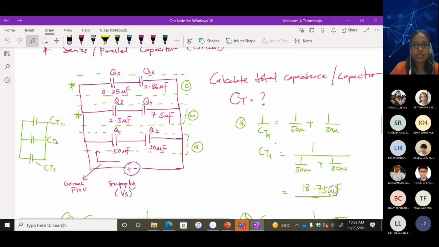Once you simplify your schematic, your circuit diagram, have a look at this part.